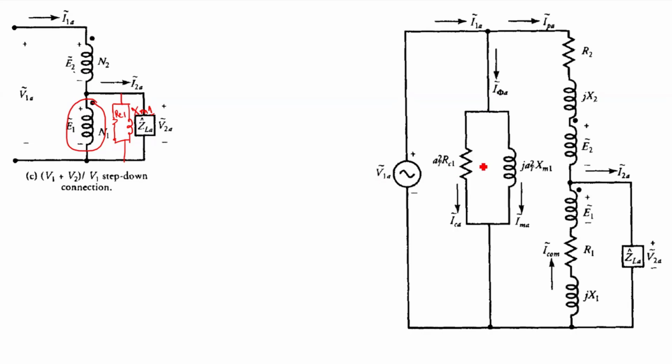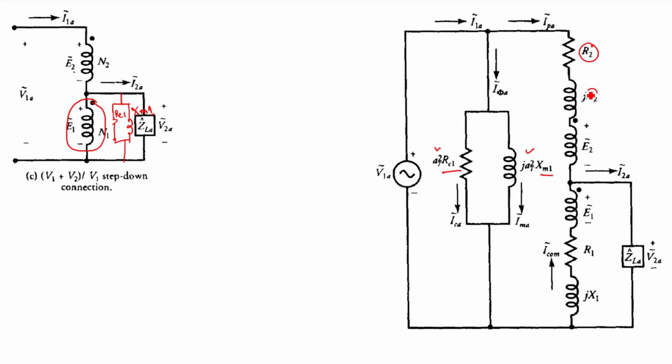Here we can see, because this is your secondary side, now I can refer it to primary side. So therefore your RC1 and XM1, when referred to the primary side, are multiplied with AT square, right? And other quantities have been represented as they are.